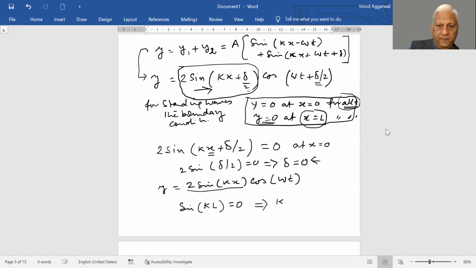This means that KL should be a multiple of pi, or simply we get n pi, where n is equal to 1, 2, 3.